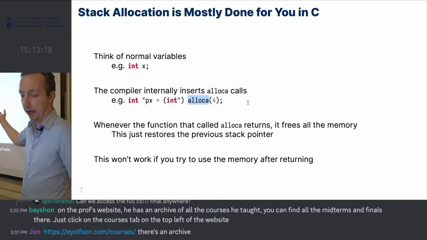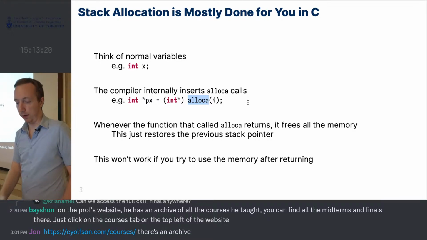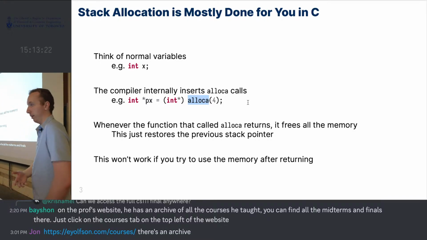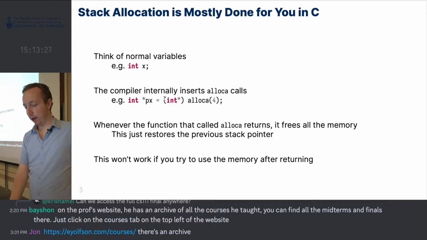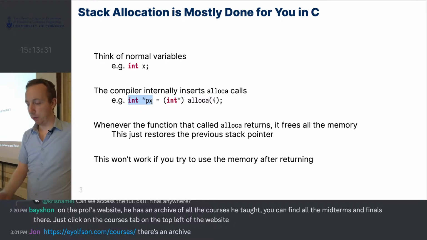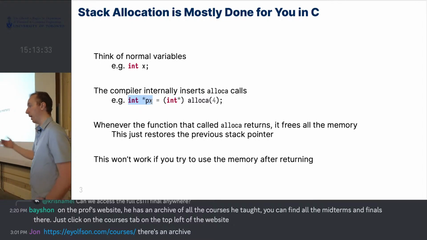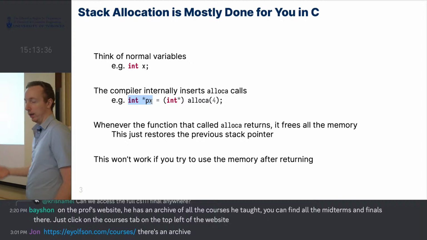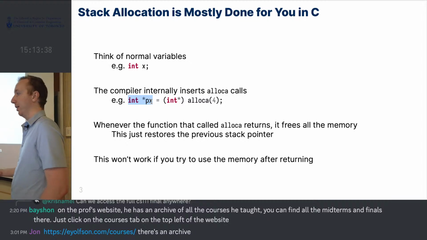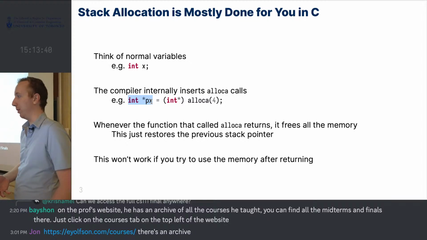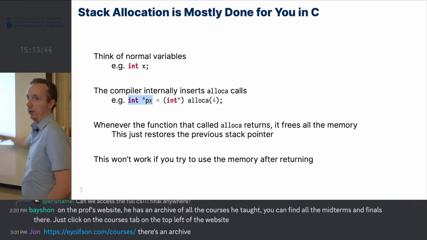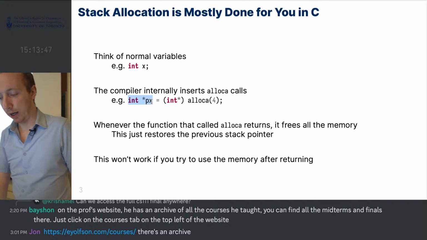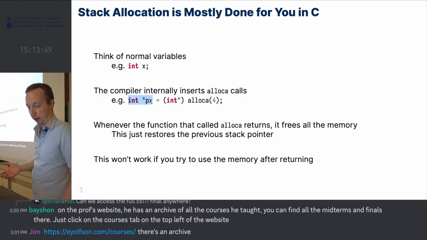It gives you back a pointer exactly like malloc does, a void pointer, which I would have to cast to an int pointer. Your compiler would know the address of x, so it's somewhere on the stack. The nice thing about C, and pretty much the only reason we don't use assembly, is that it takes care of all the stack management for you, where everything's located. I don't have to do alloca or anything like that.